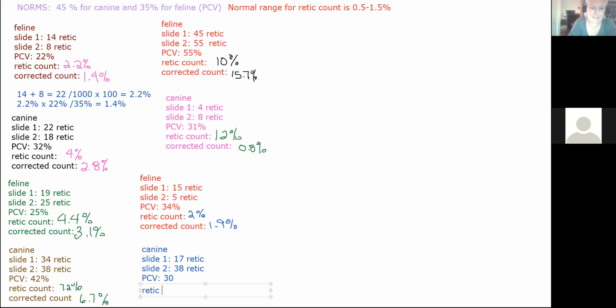Retic. Yes. 5.5. And the corrected? I got something a little different.